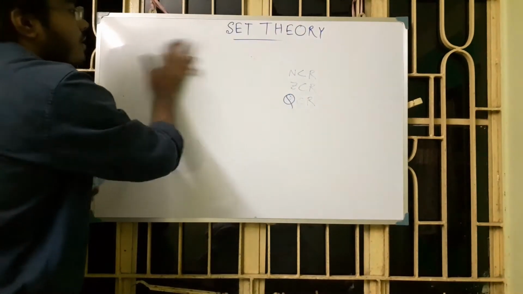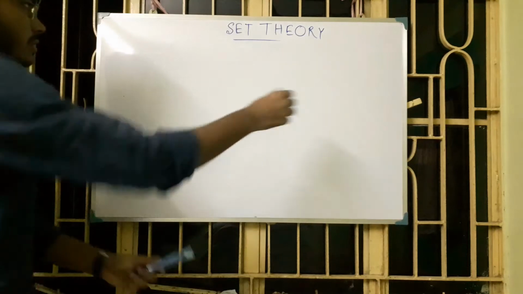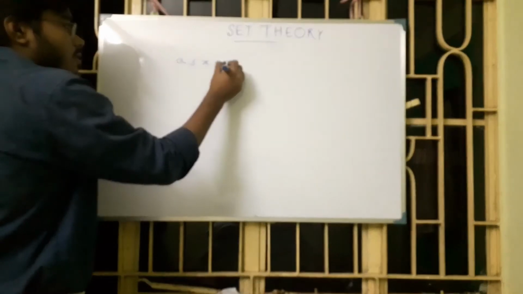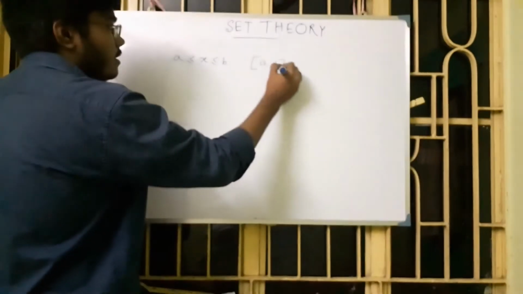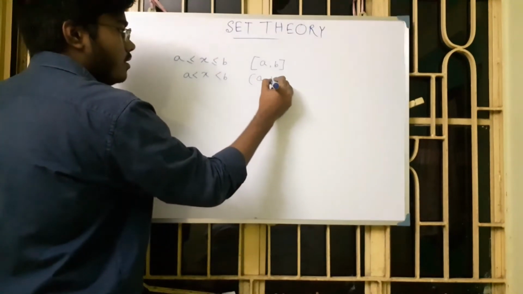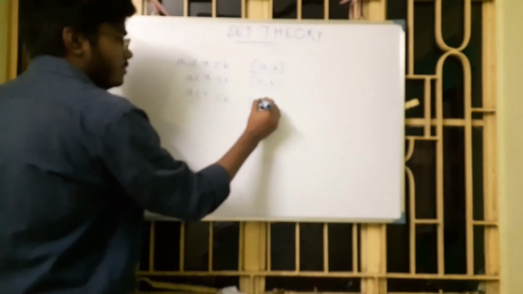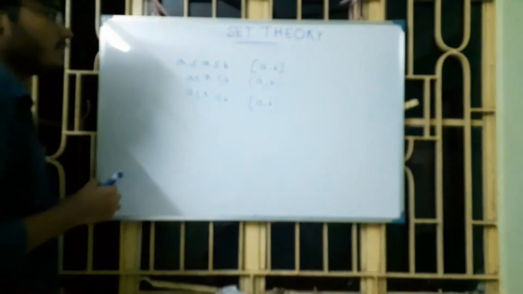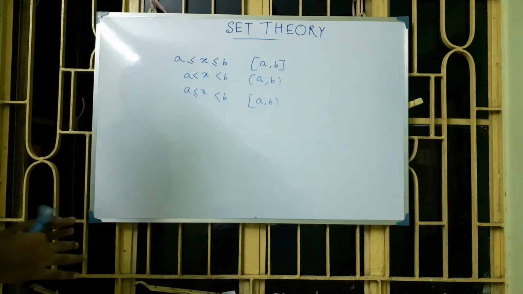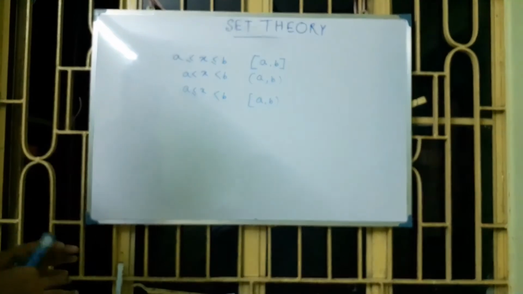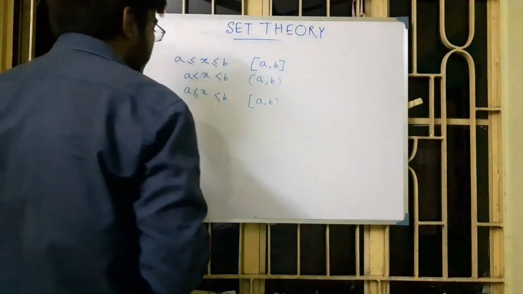And now, how do we represent limits in this? If x is greater than a and less than b, then it is (a, b). If the equal to sign is included, then we use the third bracket, and if it is only the greater than or less than sign, then it is the first bracket.